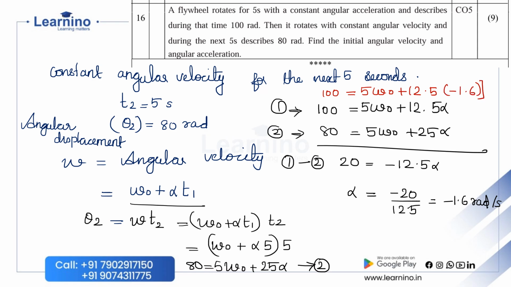If you solve this, you will get 5 omega 0 minus 20 is equal to 100, and 5 omega 0 is equal to 120, and omega 0 is equal to 120 divided by 5, that is equal to 24 radians per second. Okay, this is my answer.